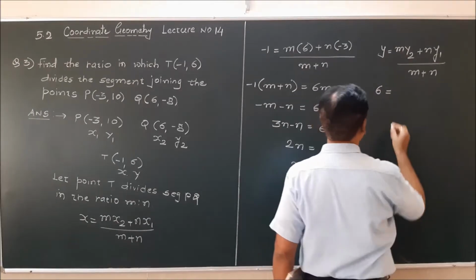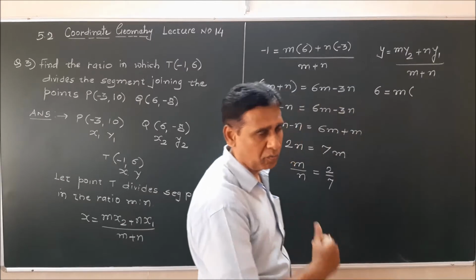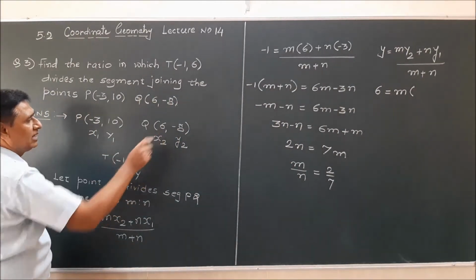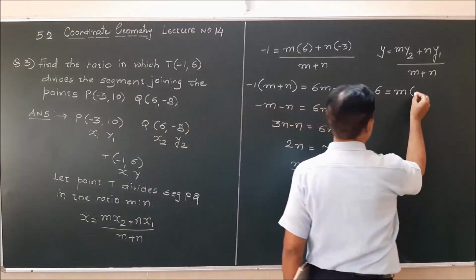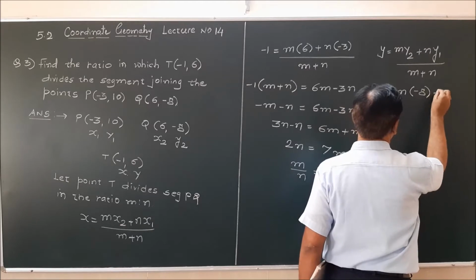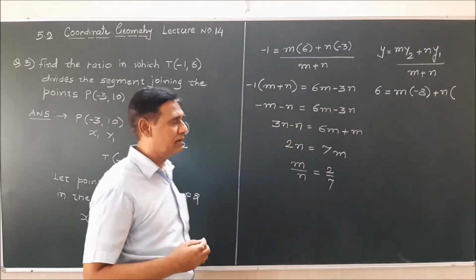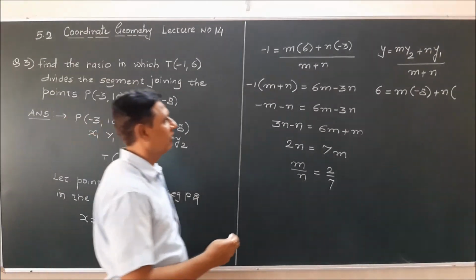We don't know m and n, but the value of y2 we know. So the value of y2 we will find as -8, plus n times the value of y1, and the value of y1 is 10.